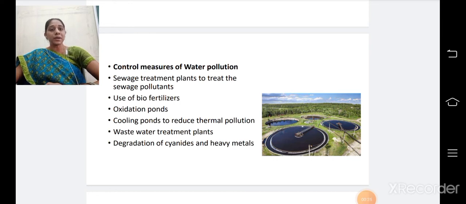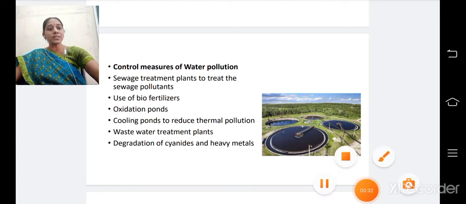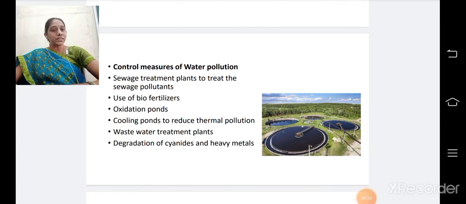Sewage treatment plants to treat the sewage pollutants, use of biofertilizers, oxidation ponds, cooling ponds to reduce thermal pollution, wastewater treatment plants, degradation of cyanides and heavy metals. So these are the different control measures.